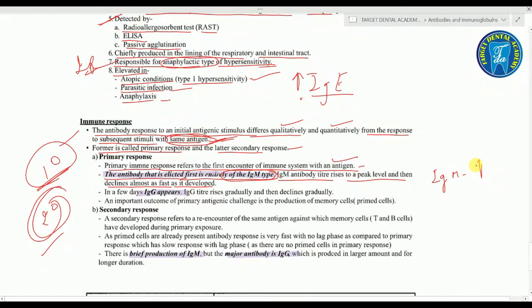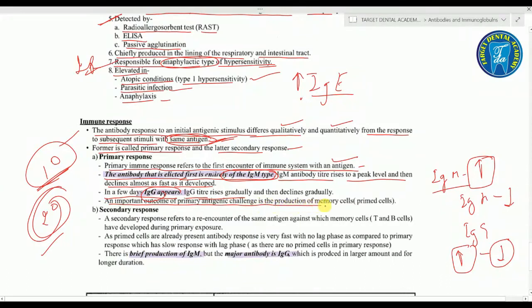In a few days IgG appears. After IgM, after a few days the IgG appears, and the IgG titer gradually increases at the beginning, then declines gradually. An important outcome of the primary antigenic challenge is the production of memory cells, or primed cells.